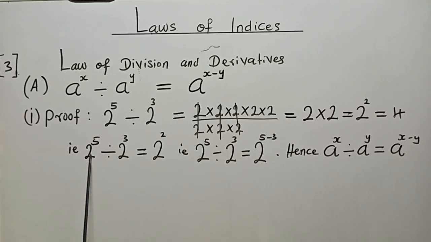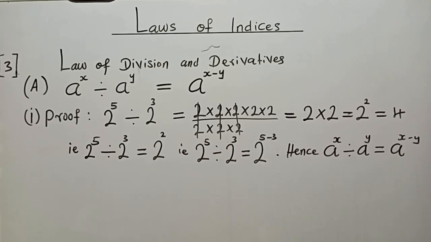That is to say, 2 to the power 5 divided by 2 to the power 3 is equal to, instead of writing this 2, I explained how we got the 2 by saying 5 minus 3.